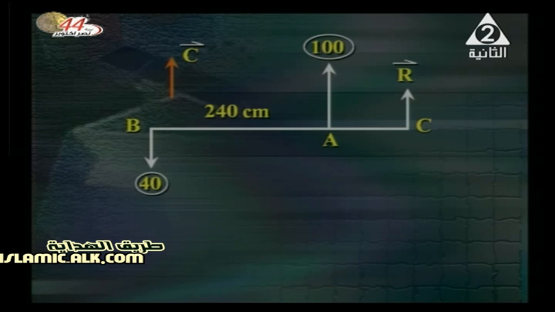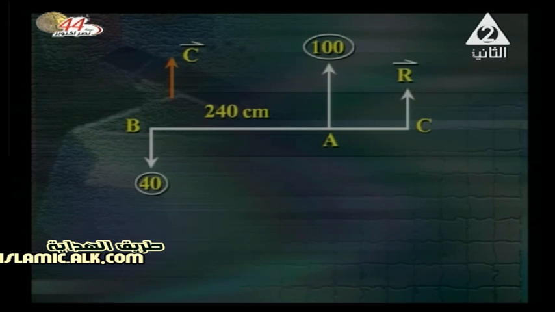R in this case is in the same direction as the greater force, 100. Look, R acts at point C externally from AB. Then C divides BA externally in the ratio CA to CB.